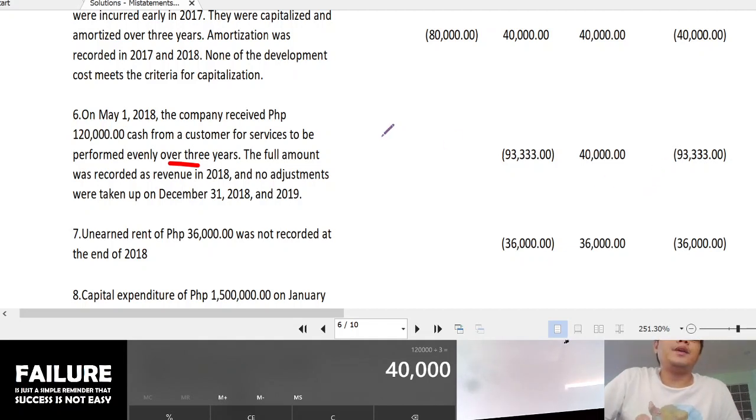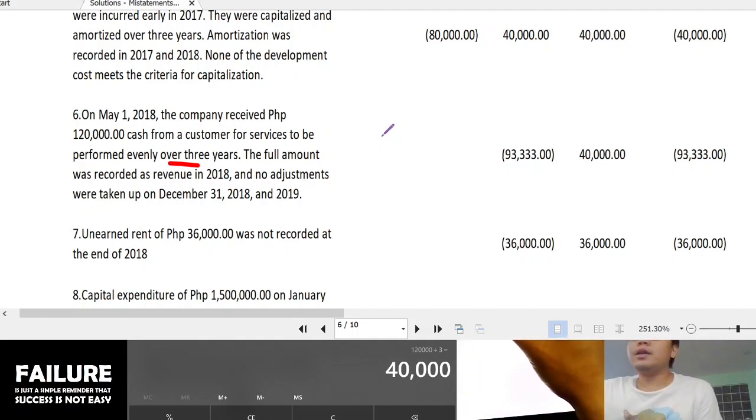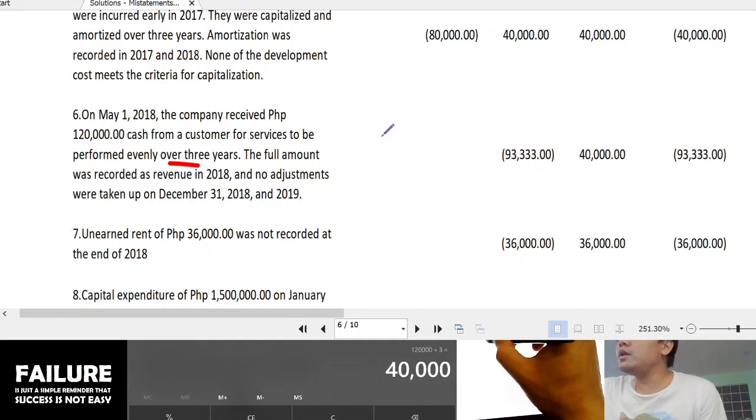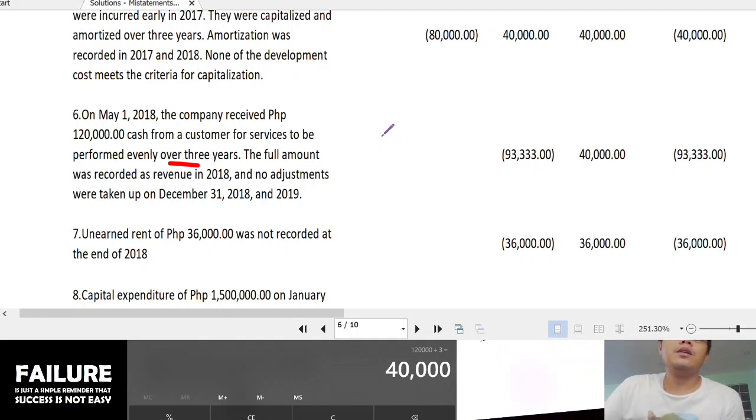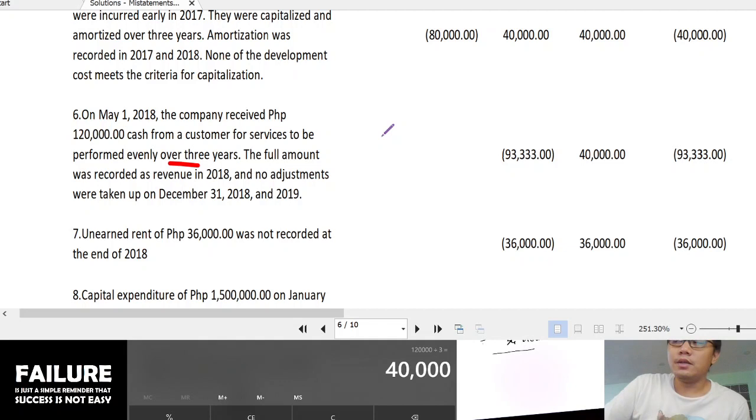So, okay. So, the company received 120,000 of revenue, which is, again, 3 years siya, that is equivalent for 36 months, di ba? 3 years.